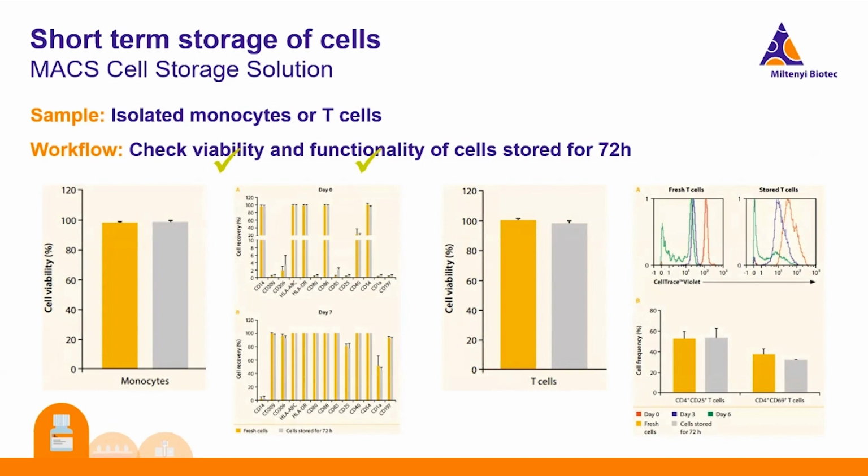We saw no differences in comparison to fresh cells. And also with the T cells, we have done proliferation assays. After 3 days, the results look quite great. And we even have done analysis after 6 days, but this is what we don't recommend. So the cell storage solution for 3 days is okay.